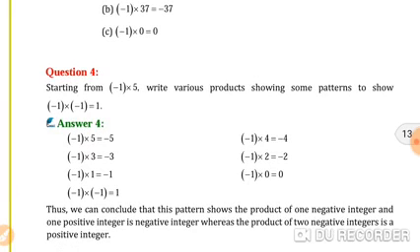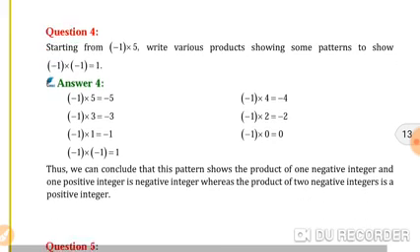That means -1 into 5 is taken as an example. Start with that, then 4, 3, 2, 1, 0, like that. By taking those examples, we can show that negative integer into negative integer gives a positive, and negative integer into positive integer always gives a negative. That we have to show from this example.